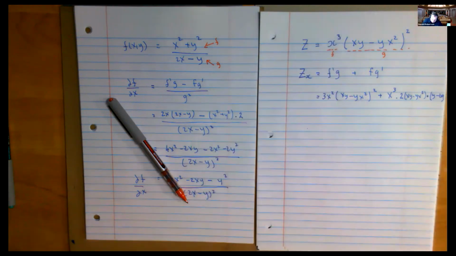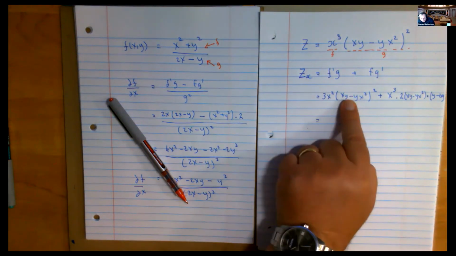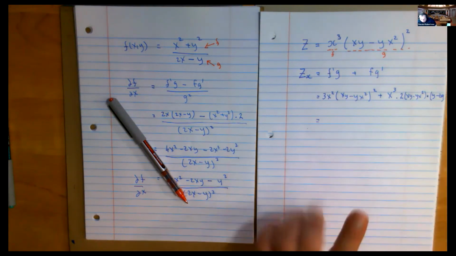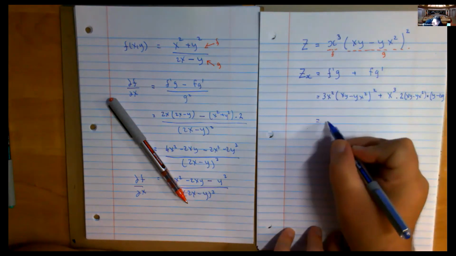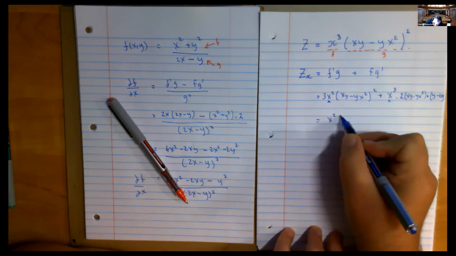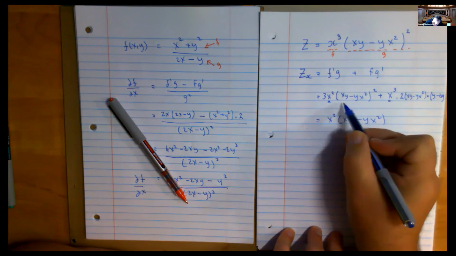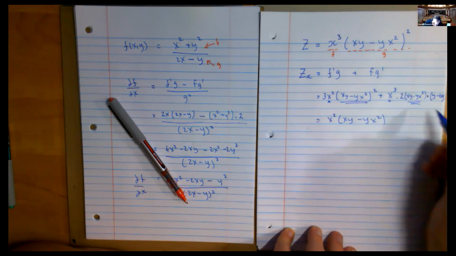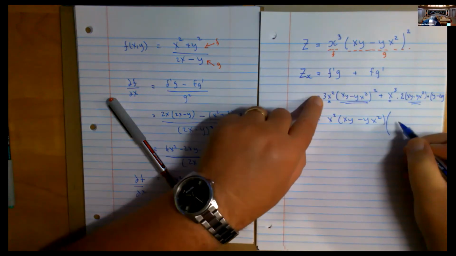Okay, I've got this ugly mess plus this ugly mess, and we really should try and make it as good as we can. I can see an x squared as a common factor. I can see an xy times a yx squared as a common factor. I think that's all the good common factors, so let's see what I'm left with.